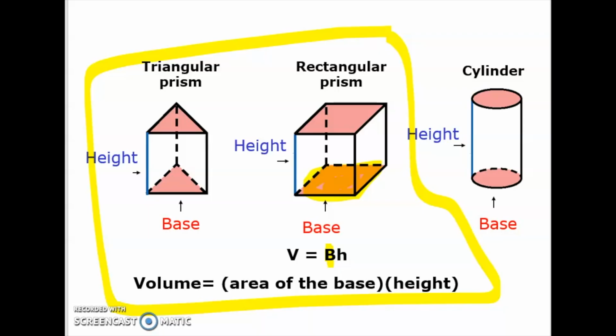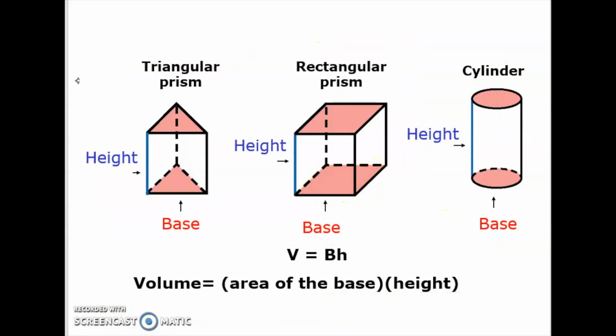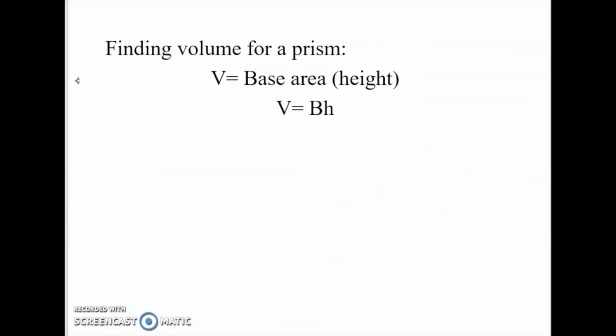How many cubes, or cubic units, could I fit inside of that box? So we are going to start out looking at some prisms. And again, our volume formula for a prism, which has a matching base on the top and the bottom, is area of the base times height.